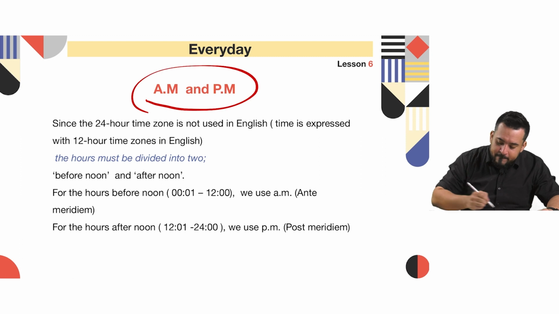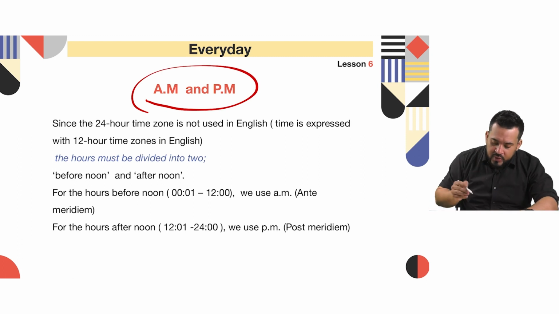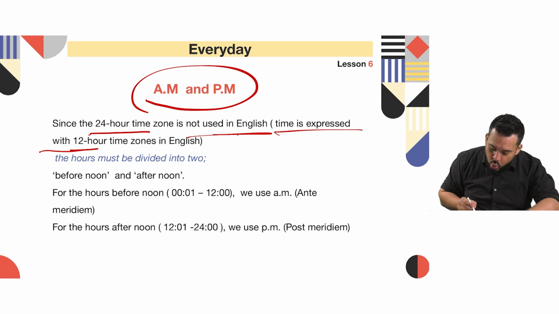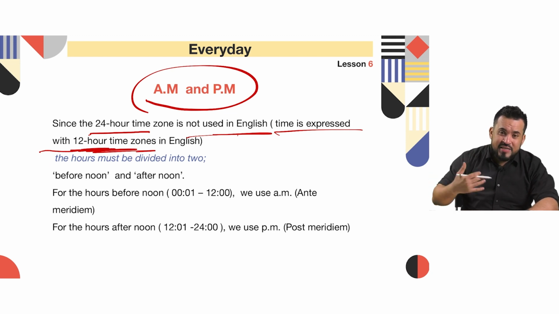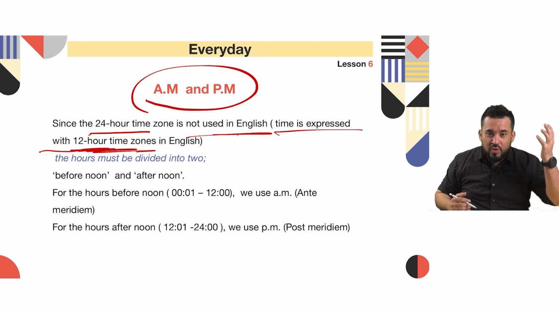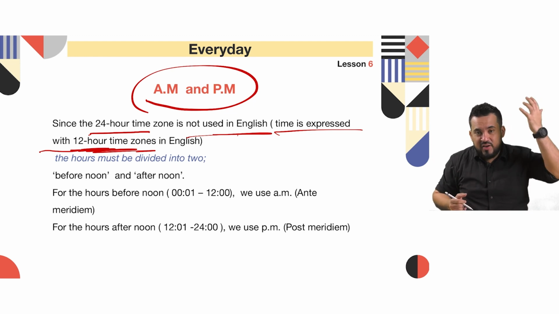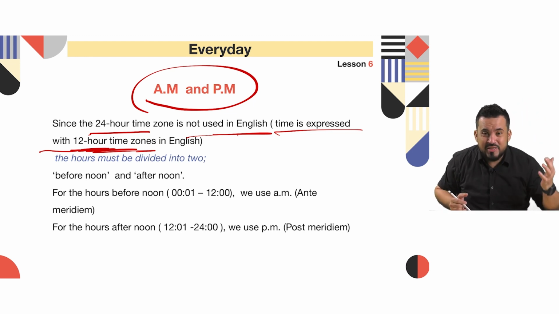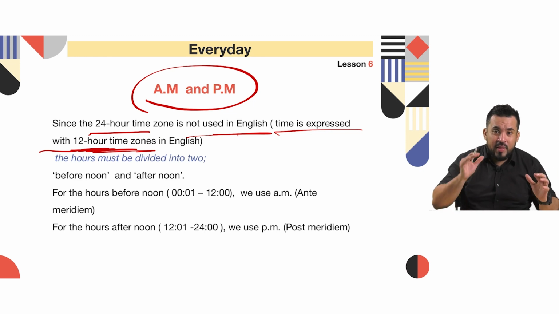AM and PM. Since the 24-hour time zone is not used in English, time is expressed with a 12-hour time zone. Okay, so in English, we don't say it's like 1503 or 1931. This is military time, okay?